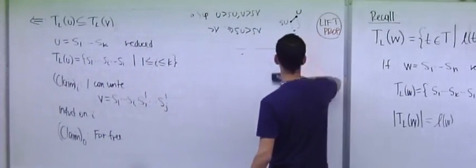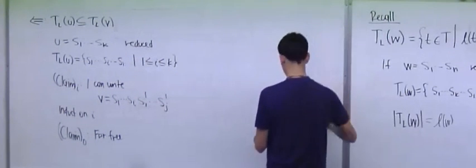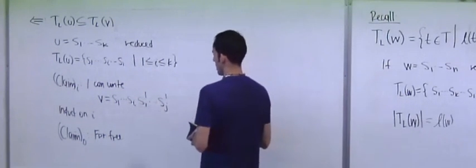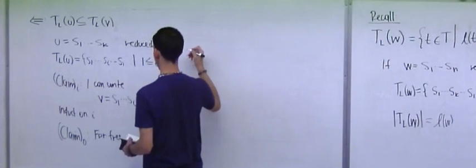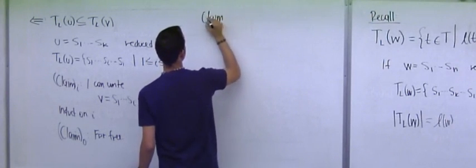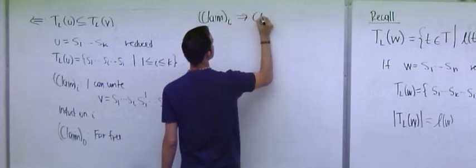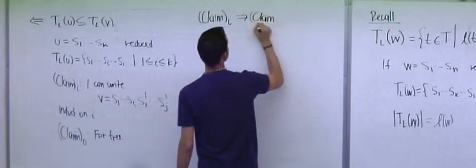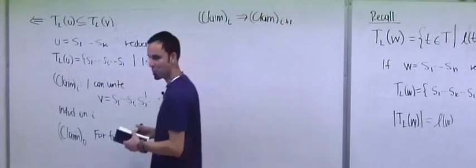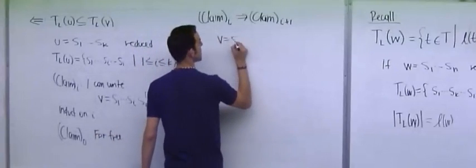The key thing is going to be the inductive step. So let's prove that claim sub I implies claim sub I plus 1. Okay. So I have V written in this form.